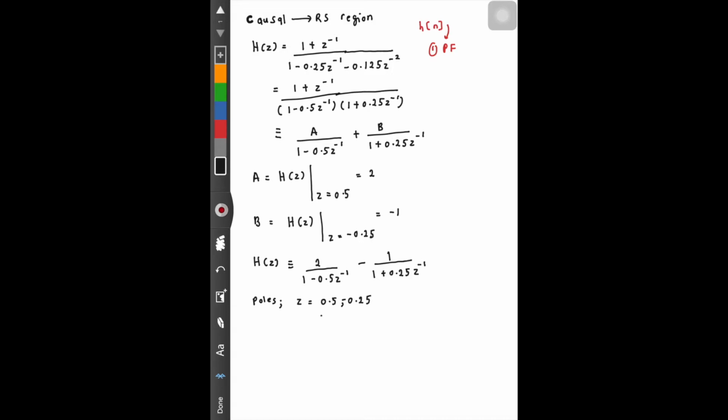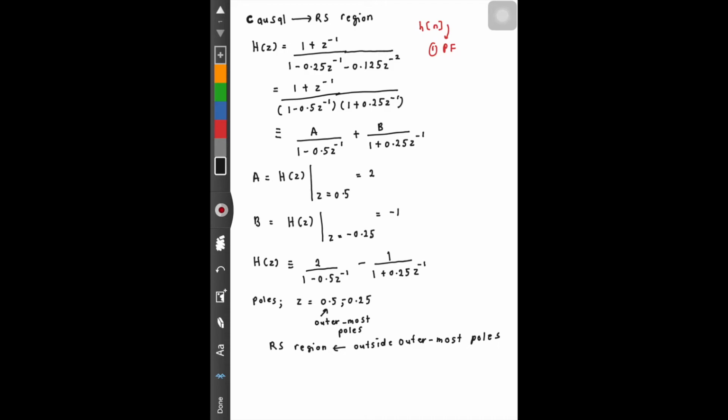So if you look here, 0.5 is your outermost pole. Go back to your definition: right-sided region is the region outside the outermost pole.